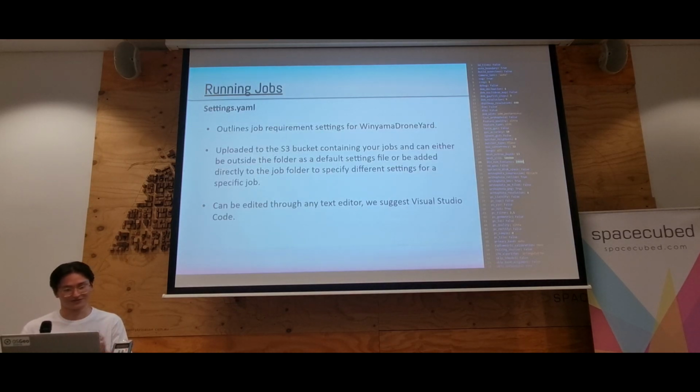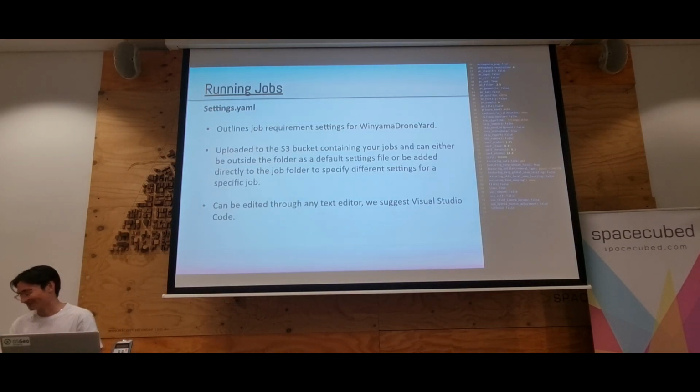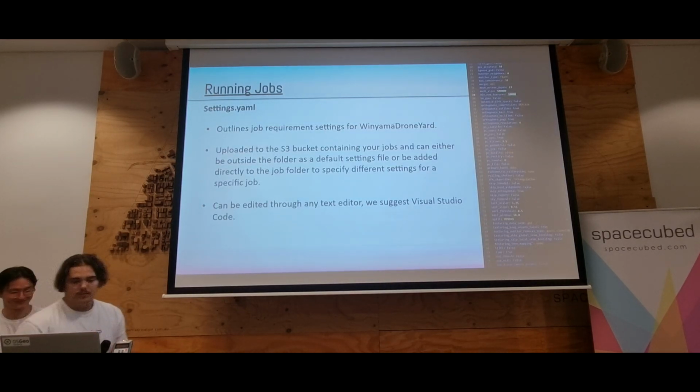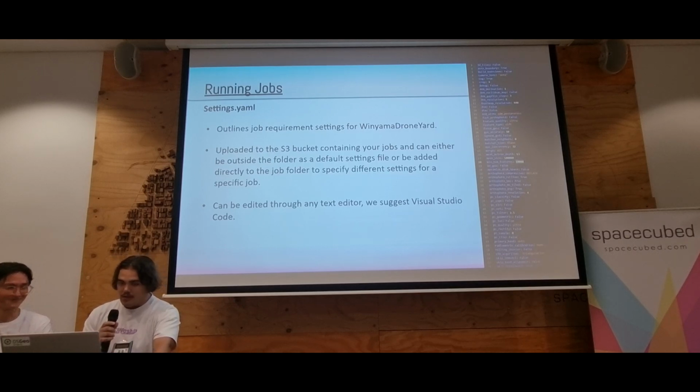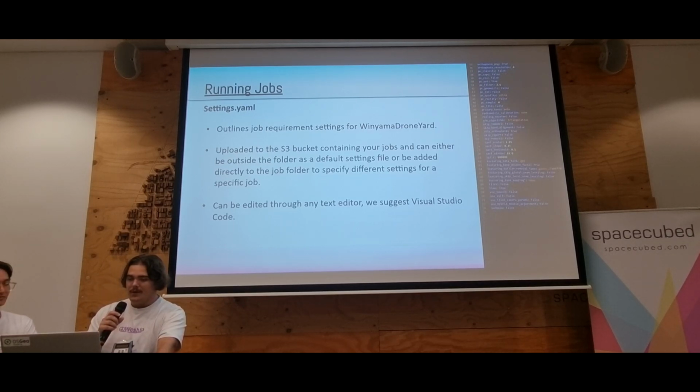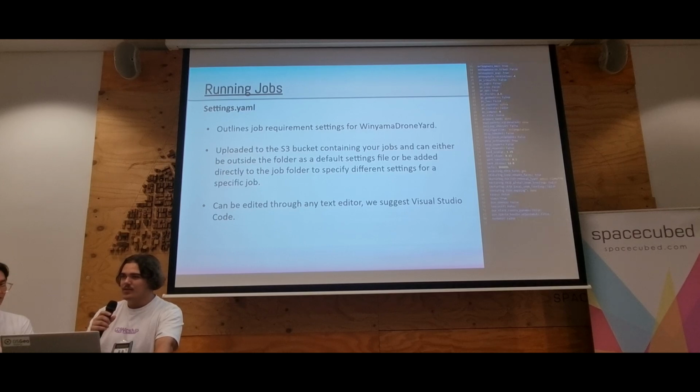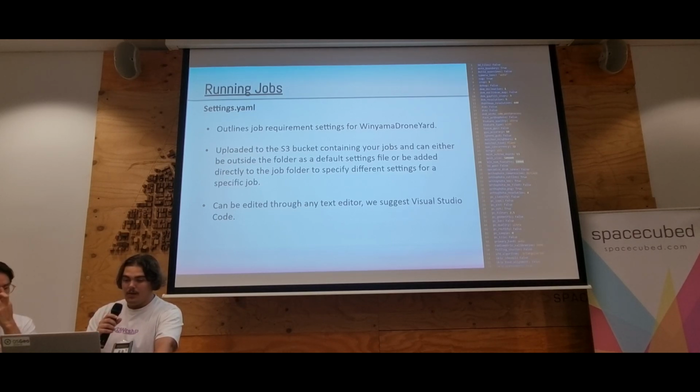And then doing the running jobs now. A settings YAML file is going to set your settings for the job. You can decide whether you're going to produce just an orthophoto or a 3D model, something like that.